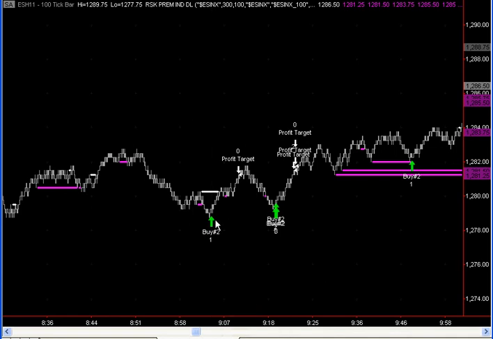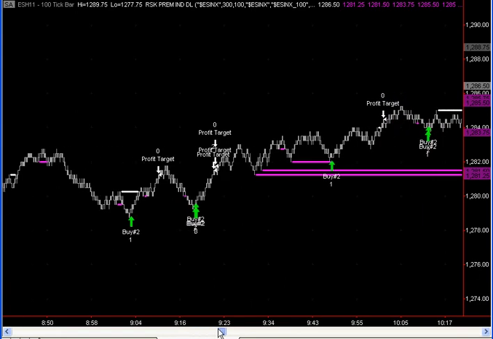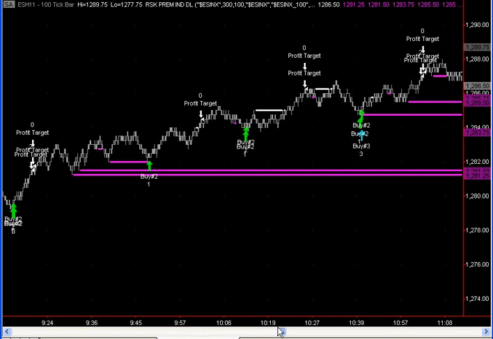Okay, long trade hits its profit target at 8 ticks. Second long trade hits its profit target 8 ticks. Third, fourth, fifth trade, and I will forget the fact that we're using in some cases multiple trades here.